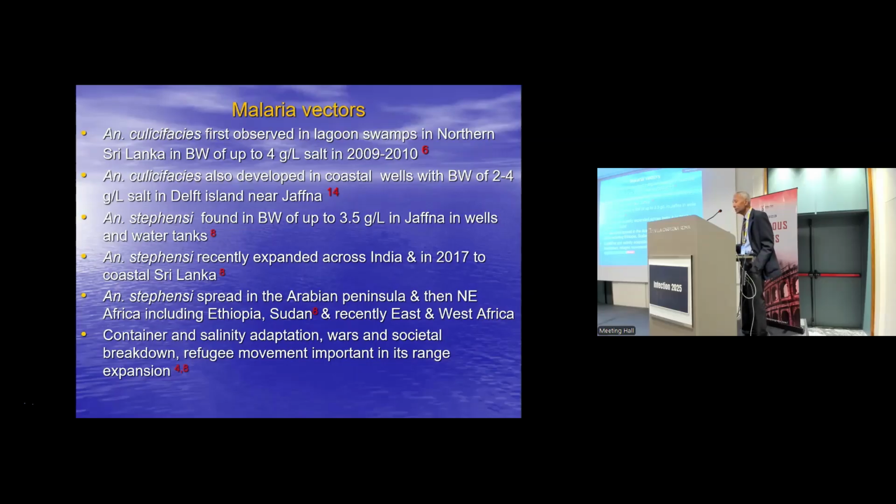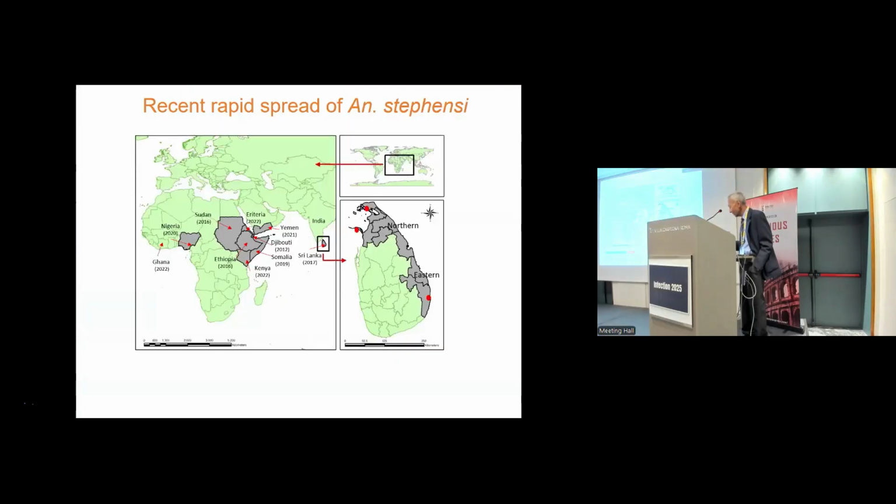We think that container adaptation is important: typically this was a vector that in rural India used to develop in natural freshwater after rains. But here container and salinity adaptation were important for a number of reasons, and if you look at the spread, you may be able to see why.